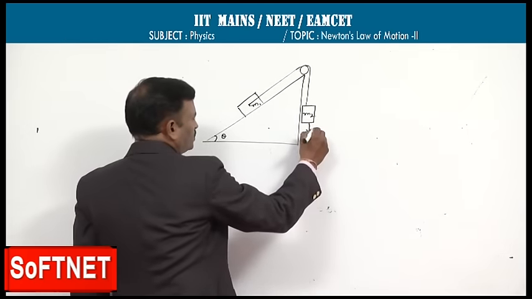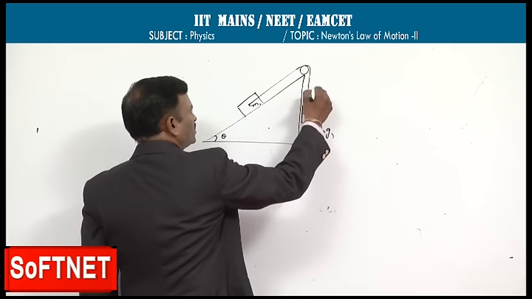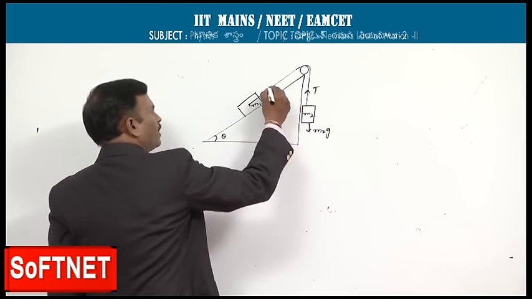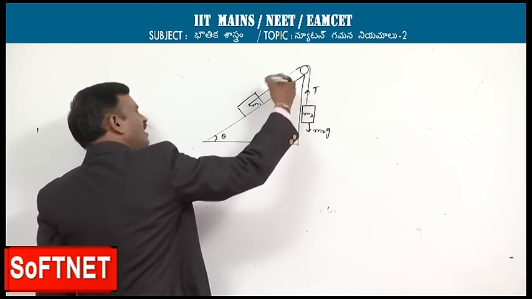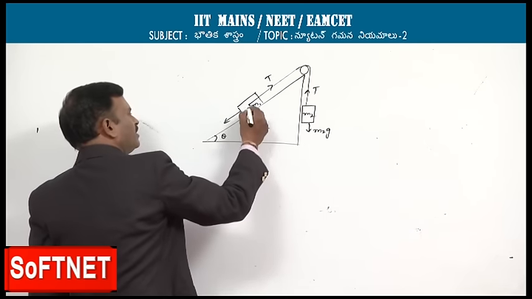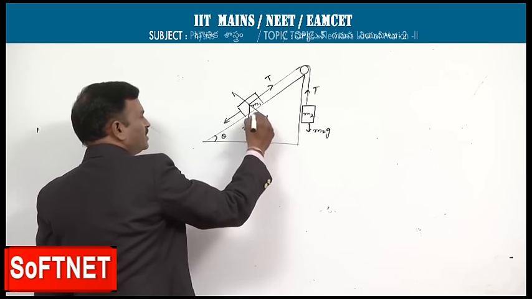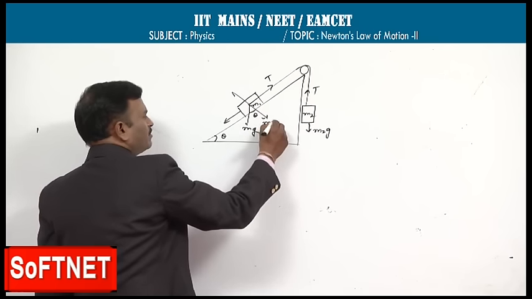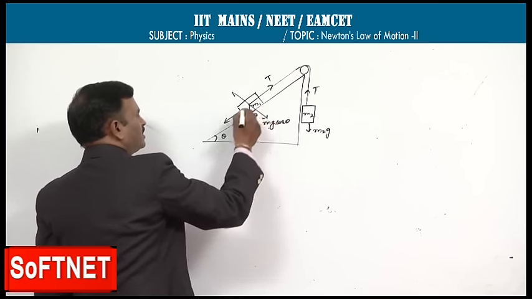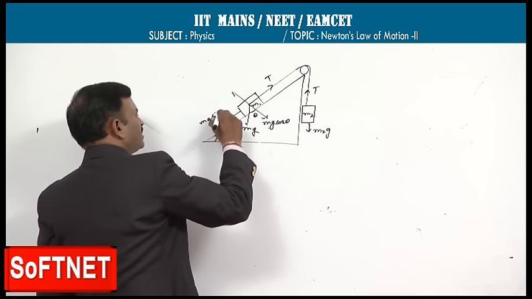Here m2g is acting down, tension is acting up. Tension is along the inclined plane upwards, and here g is resolving into components. It is mg, this is theta, it is mg cos theta. Obviously this is mg sin theta.